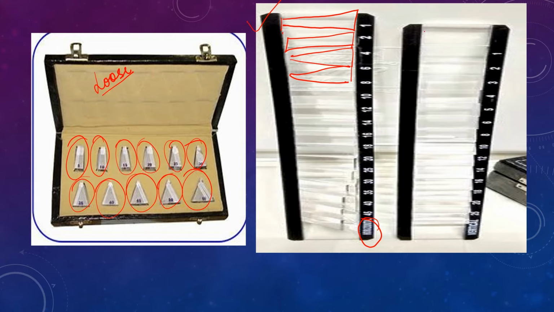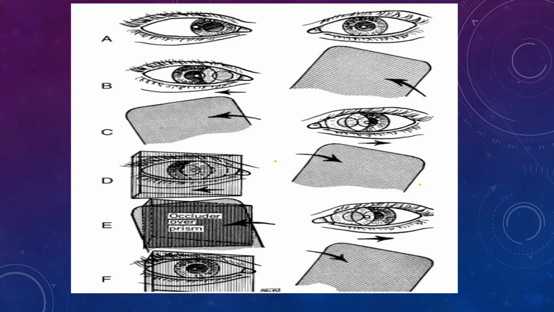Whereas in the vertical bars, the prisms are going to be oriented in such a way that the bases are going to be either up or down. Right, so those are your vertical prism bars. So you can also hold it in such a way that if you want to use it as a base up prism, you're going to hold it in one way, and then if you want a base down prism, you're going to turn it down and then use it on the patient.